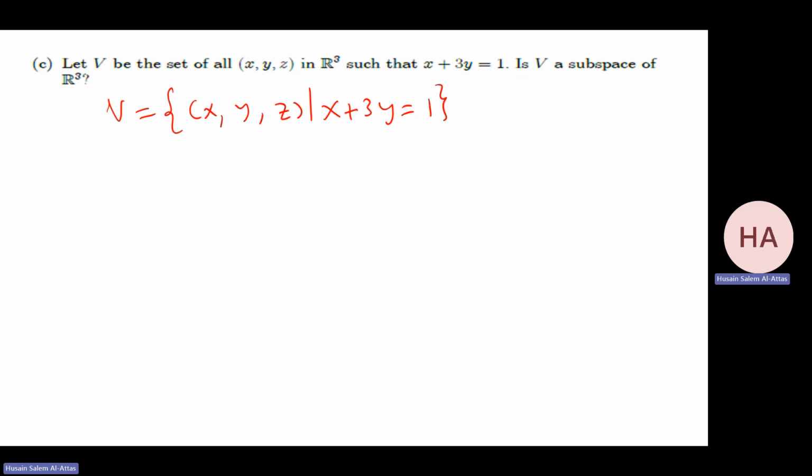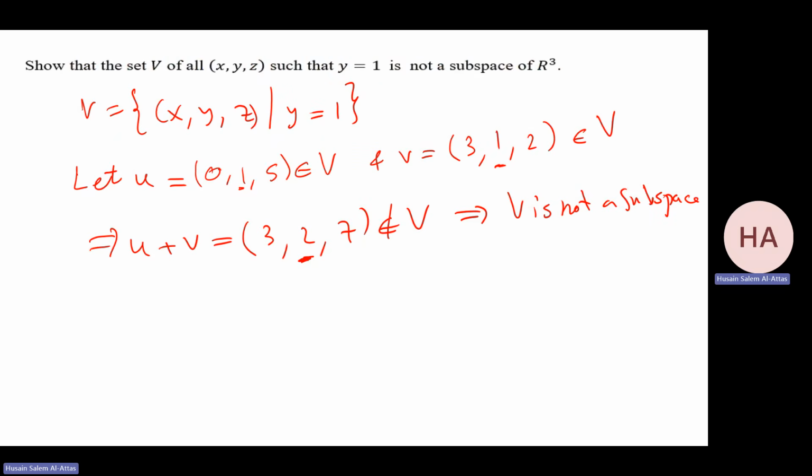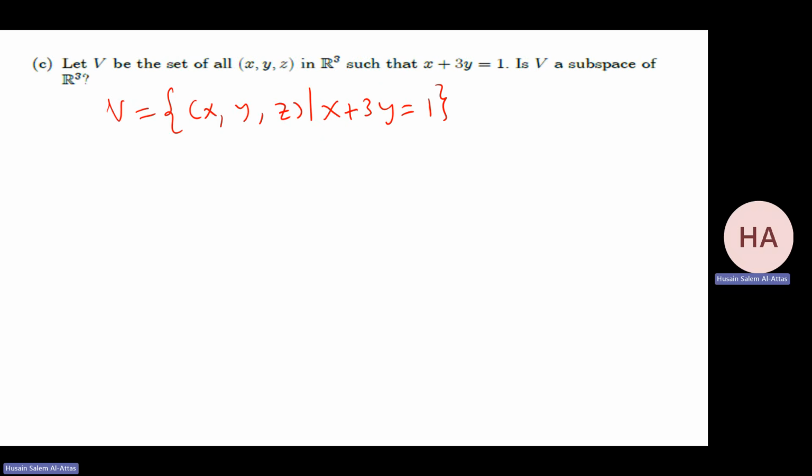Yeah. Since I did the examples before, it's not a subspace. Let me do this example using scalar multiplication, but actually you can do both in this example. Sometimes one condition is okay, the second one is not. Still, this is not a subspace.